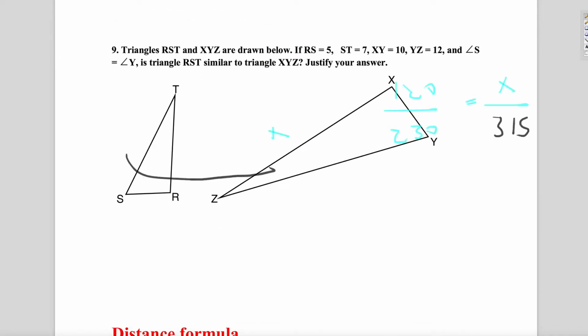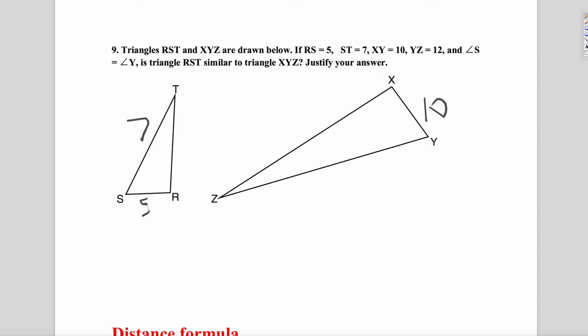Again, this is going to be basic similar triangles. So they tell you they're drawn below. RS is 5, ST is 7, XY is 10, YZ is 12. Now they tell you angle S with angle Y. So what that tells me is then angle X with angle R. So now you could see you'd have to flip it.